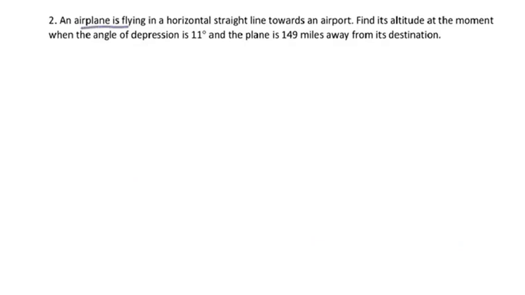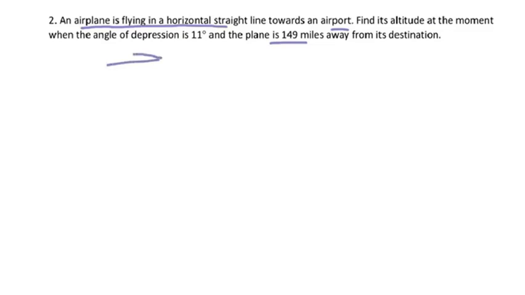Now let's go to number 2. An airplane is flying in a horizontal straight line towards an airport. Find its altitude at the moment when the angle of depression is 11 degrees and the plane is 149 miles away from its destination.